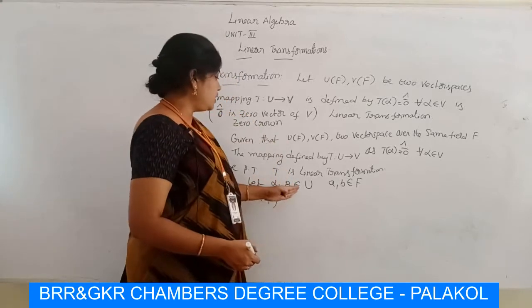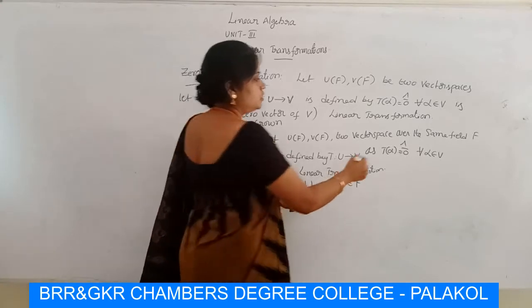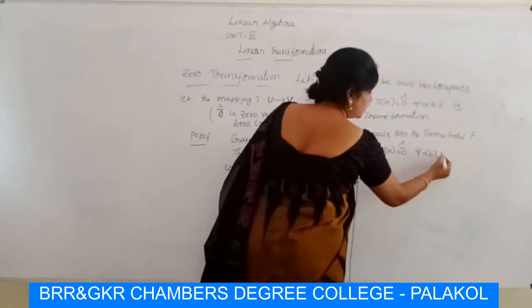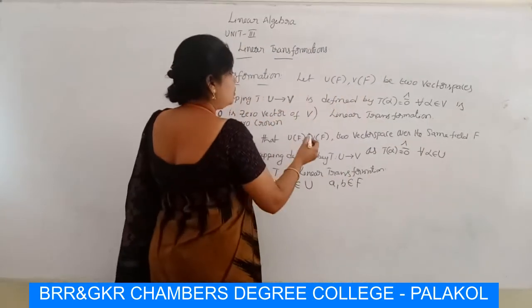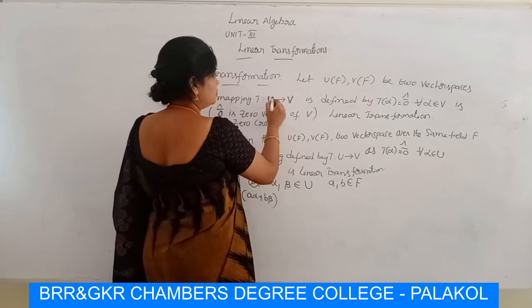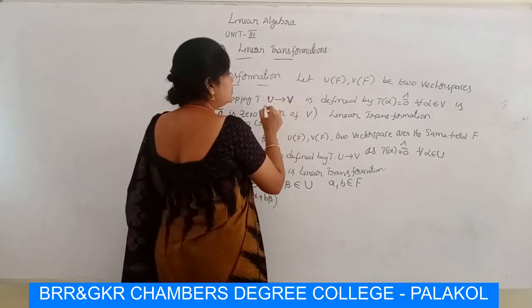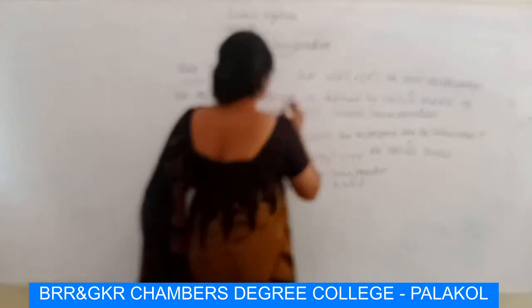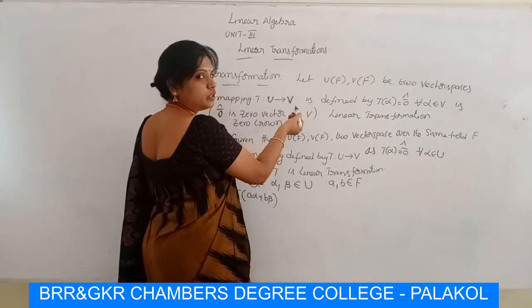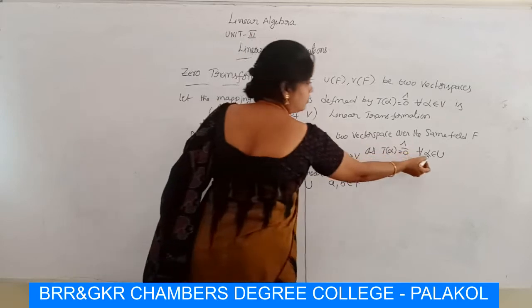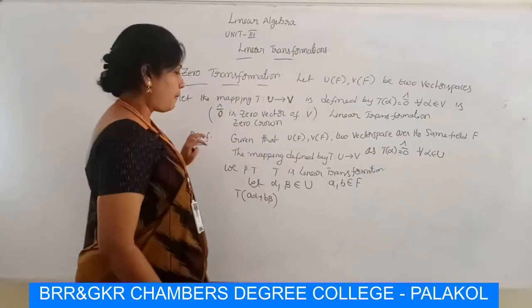Here alpha beta are the vectors of U. Sorry, here we take U because the domain is U. Domain is U, codomain is V. So first we take two elements alpha beta in U, then their images are in codomain V.